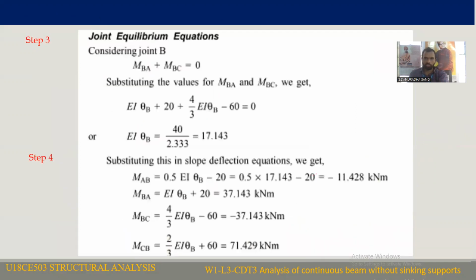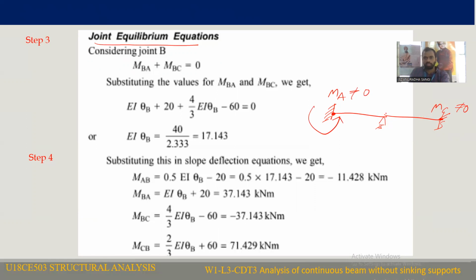After developing the slope deflection equations, we need to write the joint equilibrium equation. This is our given beam. For this beam, we observe that support A and support C are fixed supports. That means moment at A as well as moment at C will not be equal to 0; some fixed moment will be there.